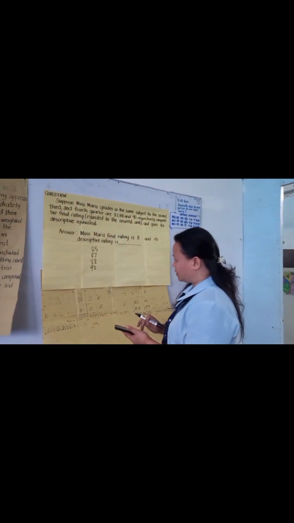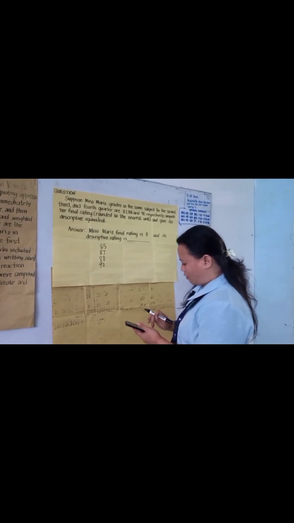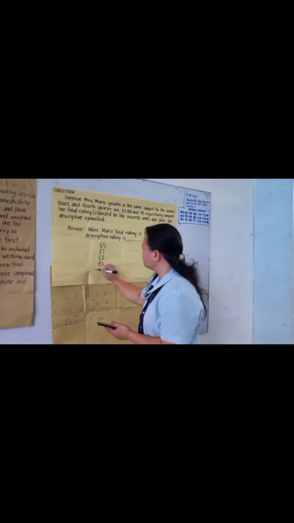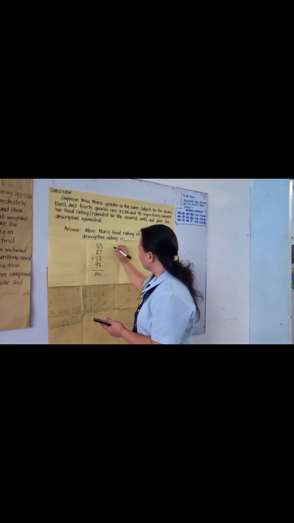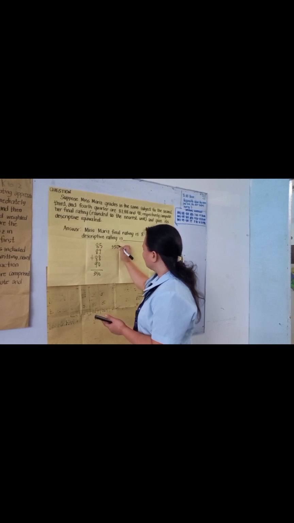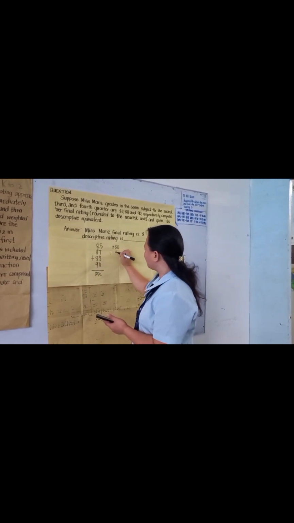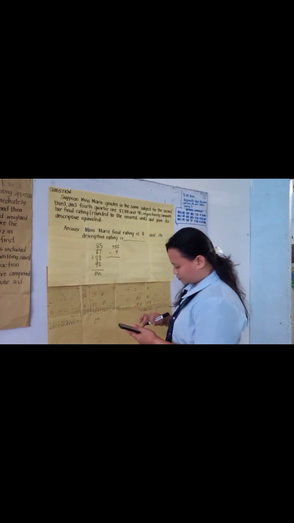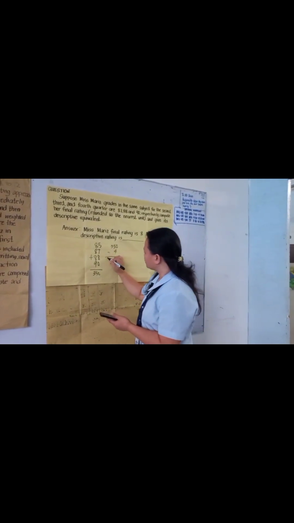So 85 plus 87 plus 88 plus 90 is equal to 350. And then we're going to divide this by 4.